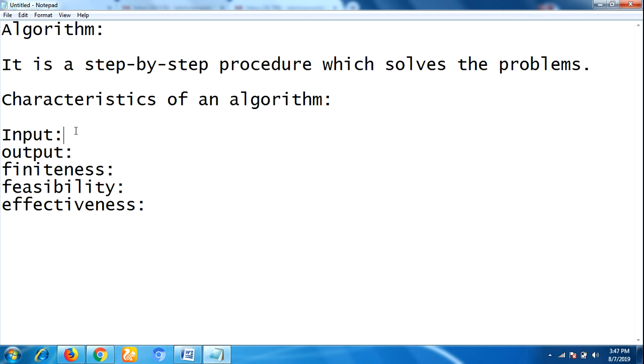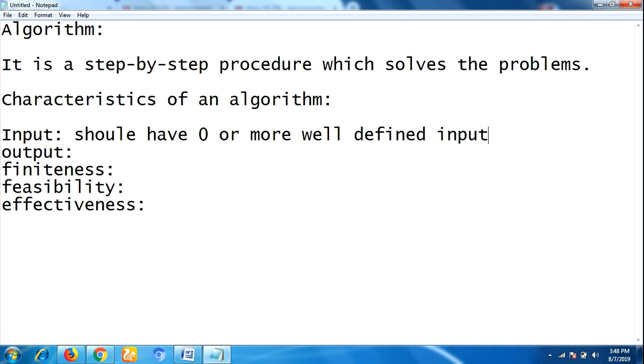That means we need to provide the input to solve the specific problem, and then we will get the desired result according to our requirement.